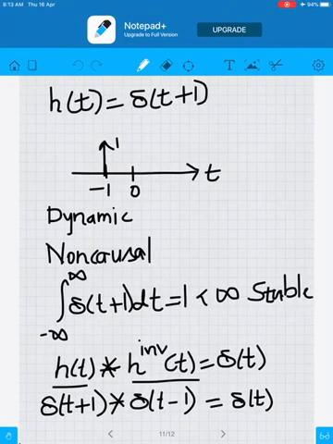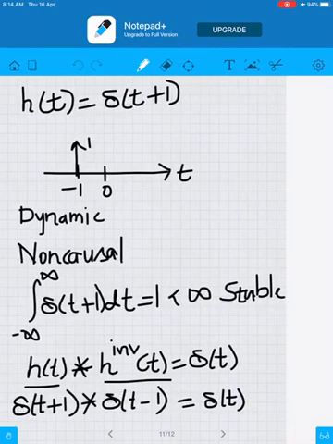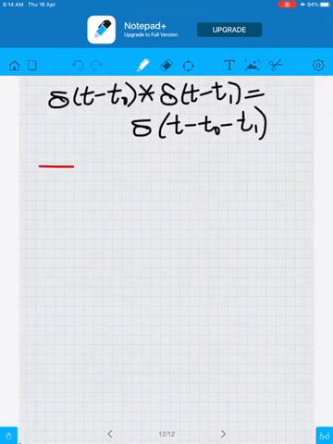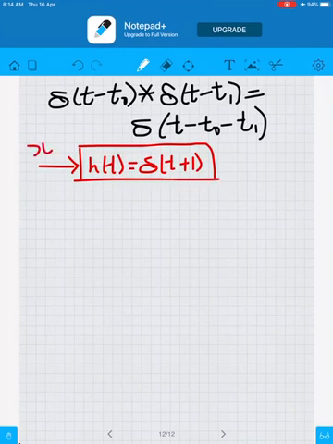Now clearly this system is invertible, and thus the impulse response of the inverse system exists. The arrangement would look like this. This is h of t, which is in the form of delta of t plus 1, here is x of t, and here I get y of t.